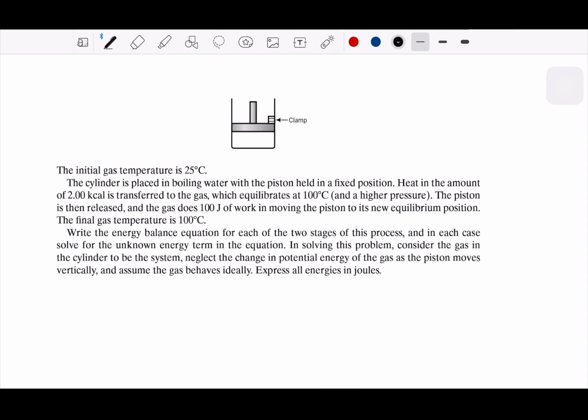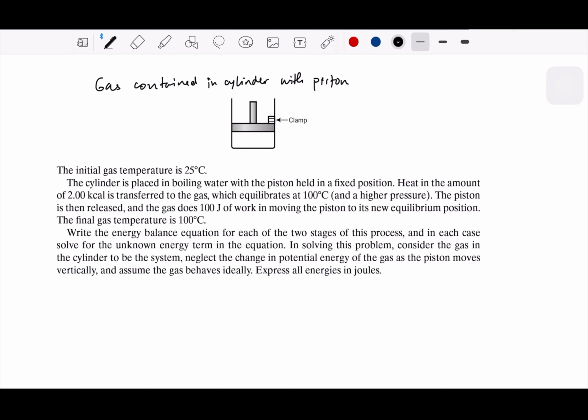This is gas contained in a cylinder with a piston. The piston is here, and it's heavy. It can be moved. We have an initial temperature of 25. Place in boiling water.